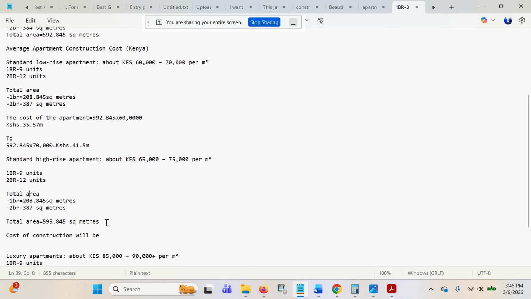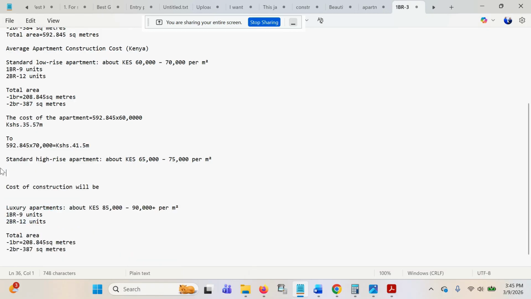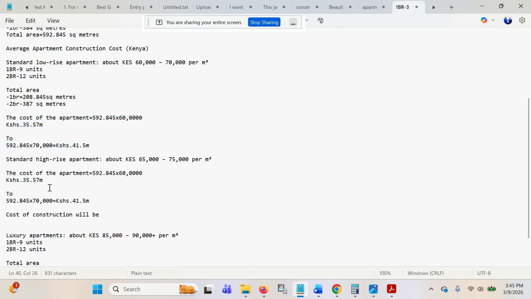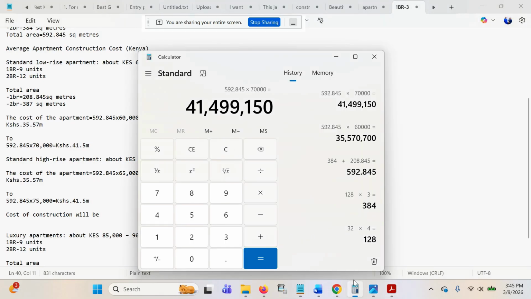Now, for standard high rise, you vary this: 65,000 to 75,000.